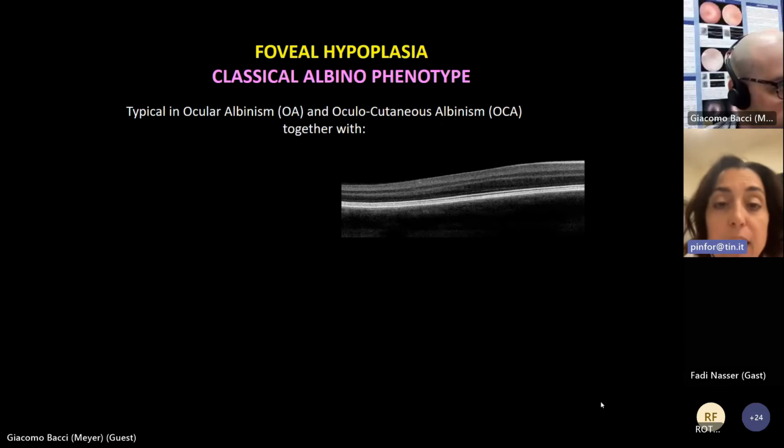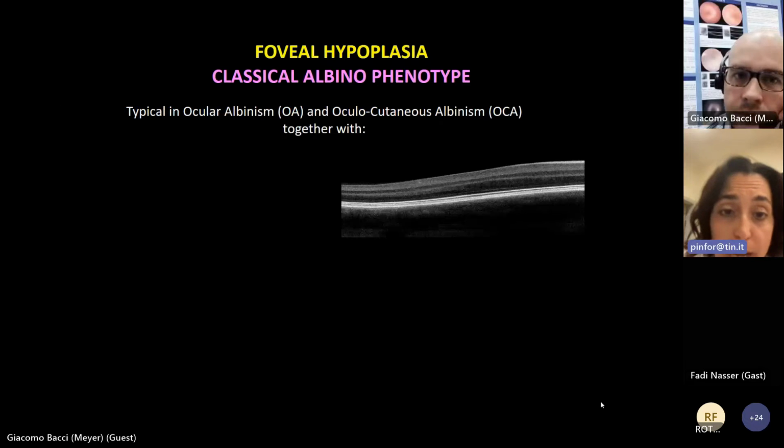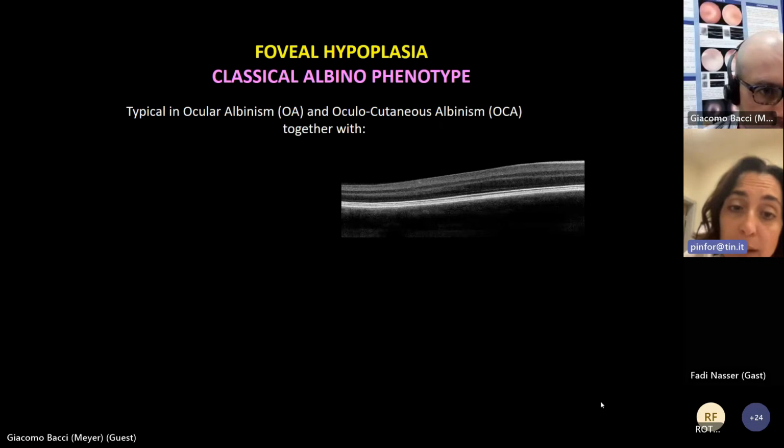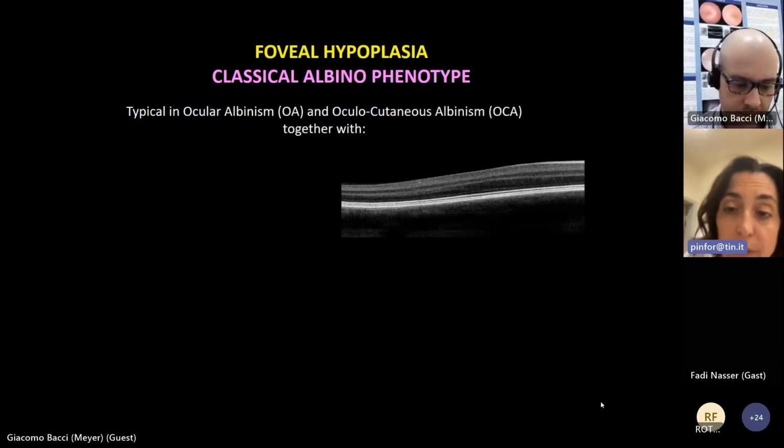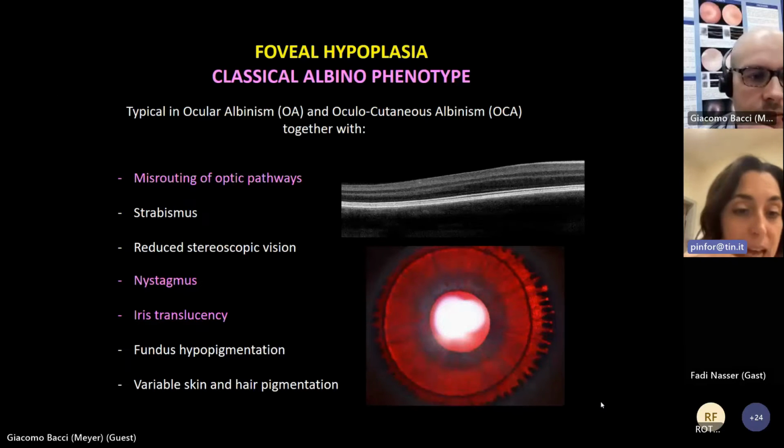And in fact, we know that foveal hypoplasia is a classical albino phenotype. In typical ocular albinism and oculocutaneous albinism, we have various characteristics such as iris translucency, nystagmus, misrouting of the optic pathway, strabismus, reduced stereoscopic vision, fundus hyperpigmentation, and variable skin and hair pigmentation.